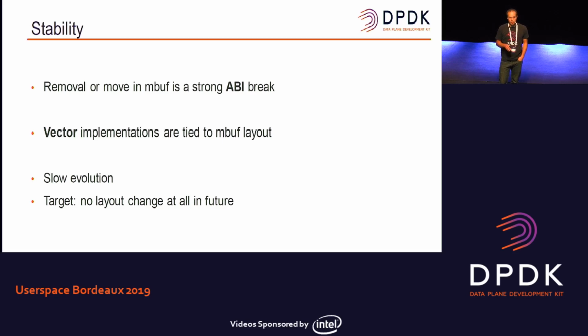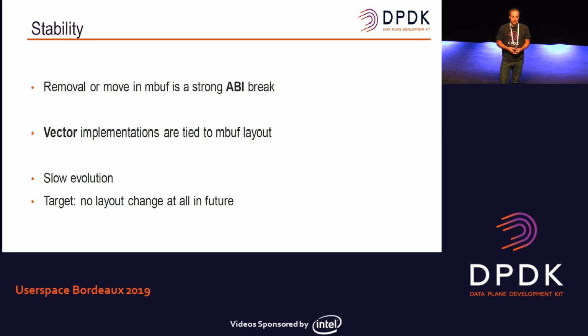We will break every application. At least you'll need to recompile your application. At worst, you'll need to change how you access some field. And even worse, if you're using a driver, like some vector drivers which are very well optimized for the current layout of mbuf, you will need to redevelop this driver because you change the layout.